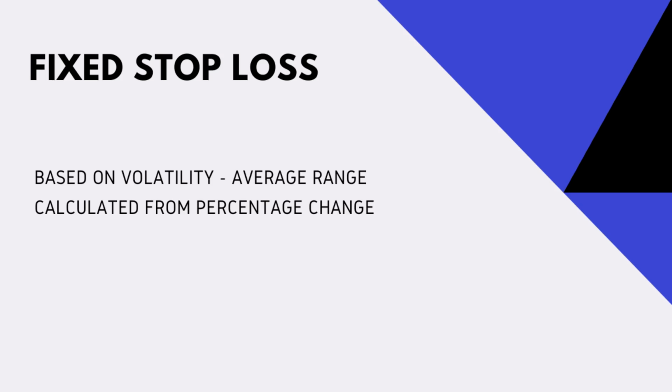There is great research made by Cesar Alvarez. I believe he's got a video about this on YouTube, so you can do your research by typing Cesar Alvarez stop loss, and he's comparing volatility-based stop loss to the other one, which is calculated from percentage change, and basically the results are pretty much the same.